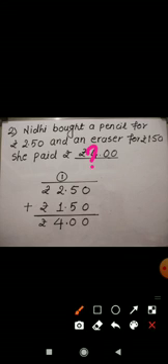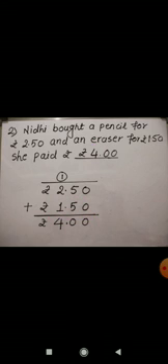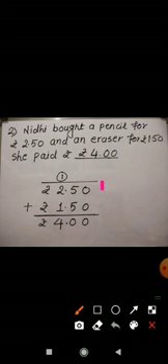So to find the total amount we need to add 2 rupees 50 paise and 1 rupee 50 paise. Children, here you can see I have written both the amounts in column. While writing the numbers in column, you should be careful that the decimal points should come in one line, one below another.